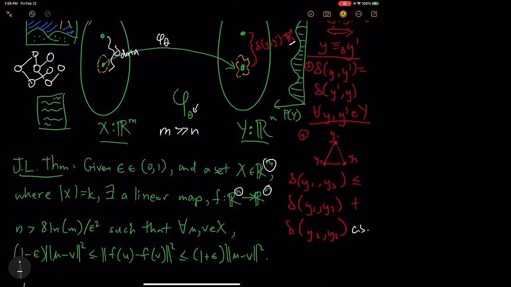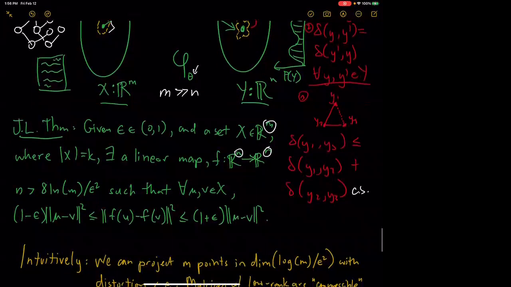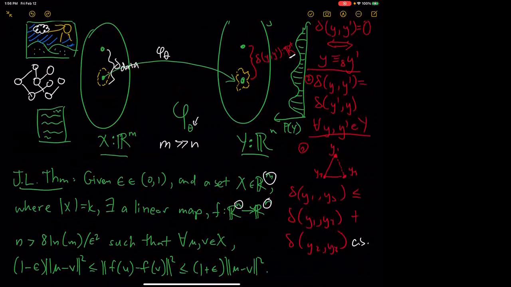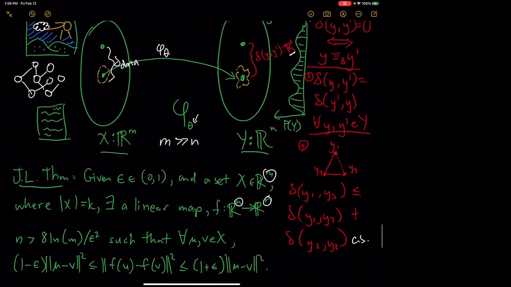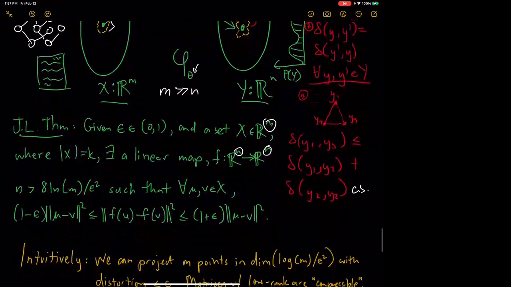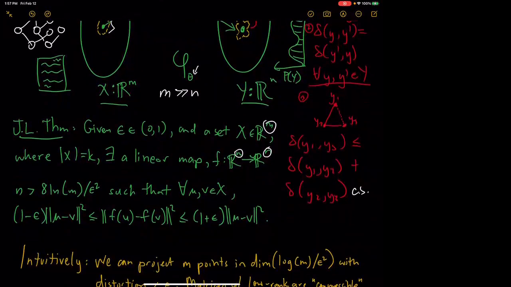So as long as this thing is not full rank, then we can throw away a lot of those dimensions, project this into a lower dimensional space using a linear projection, and then this error will be bounded. So the distances in the projected space are bounded.